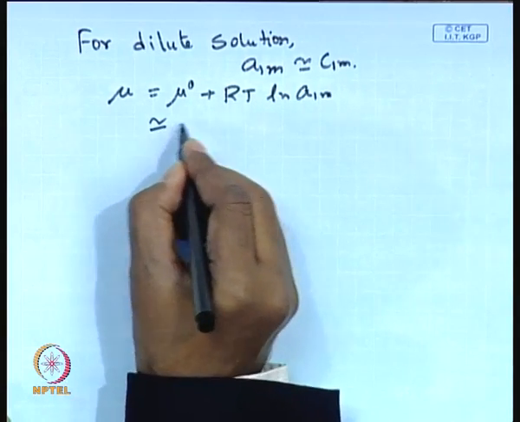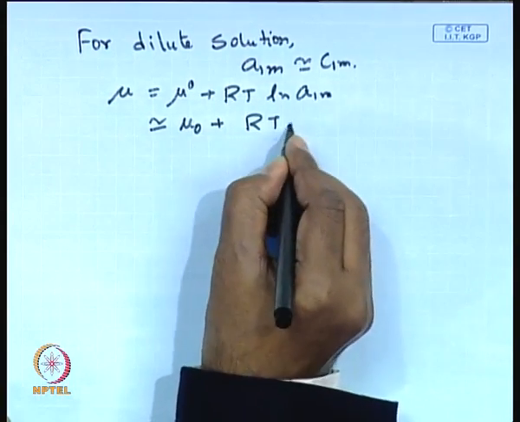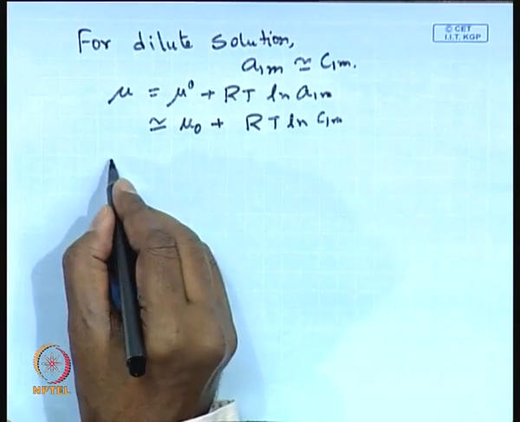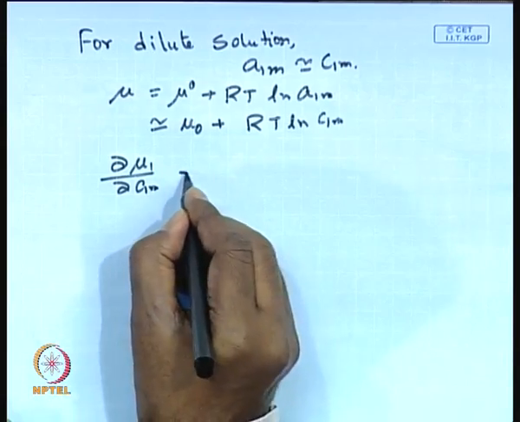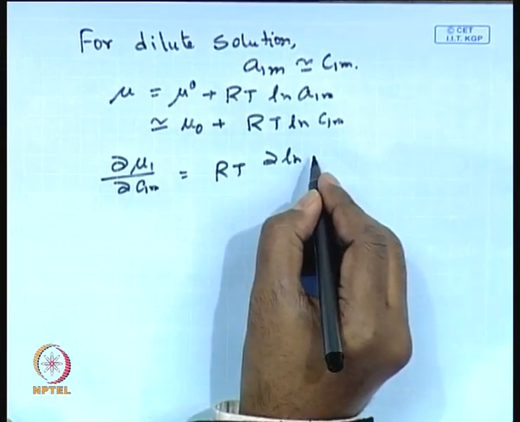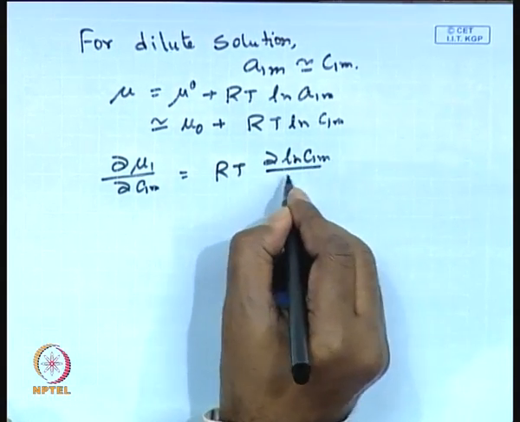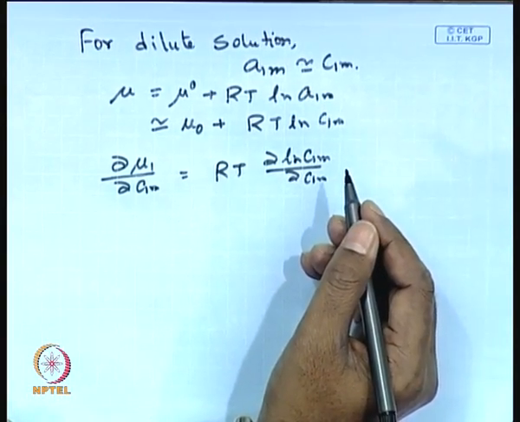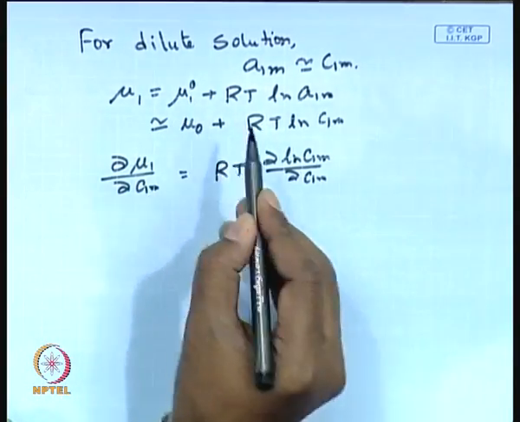In the dilute limit, it will be mu 0 plus RT ln C1m. Now, let us look into the derivative del mu 1 del C1m. It will be nothing but RT del ln C1m by del C1m.